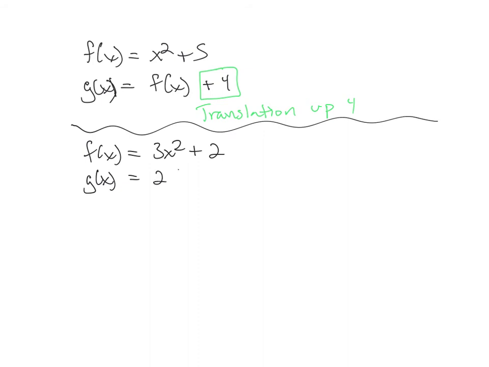If I put a 2 in the front of the f of x, that means it's a vertical stretch or shrink. If it's bigger than 1, it's a vertical stretch because I'm multiplying by 2 or 3 or 4 or whatever. Vertical stretch by 2.